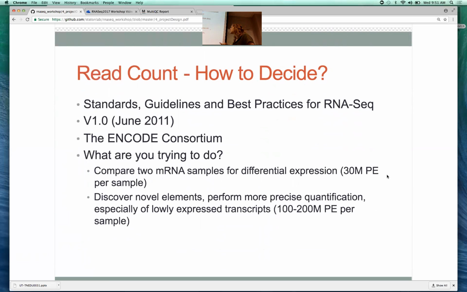If you're comparing two mRNA samples for differential expression, they recommended 30 million paired end reads per sample. However, if you were discovering novel elements, which need really precise quantification of lowly expressed transcripts, 100 to 200 million paired end reads per sample. So if you have some elusive little gene that you really want to study and it's very lowly expressed, you're probably going to have to sequence deeper than the average researcher who's just looking at transcripts that are pretty common. So that's something to be aware of.